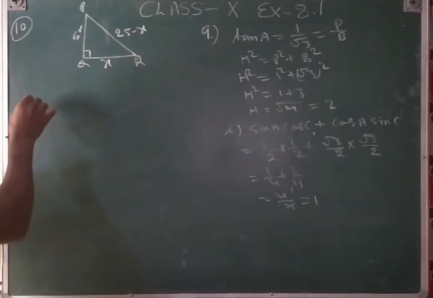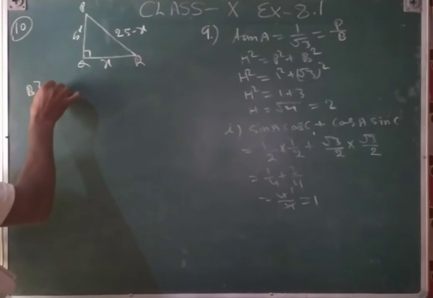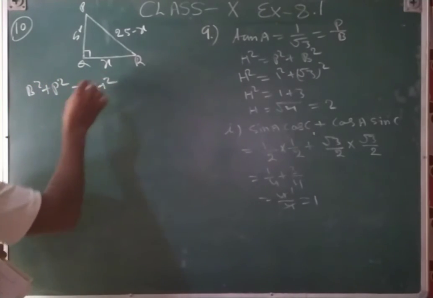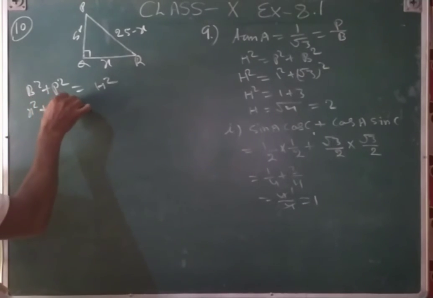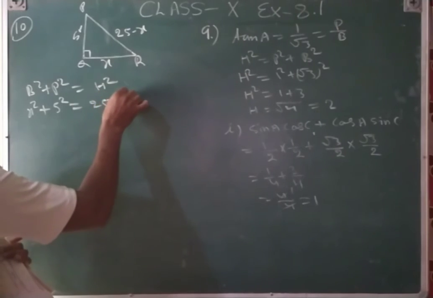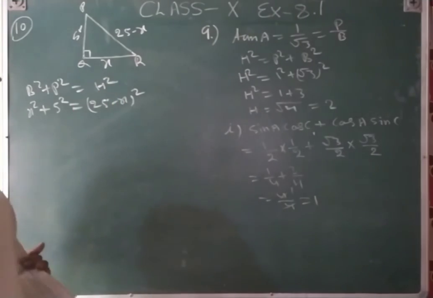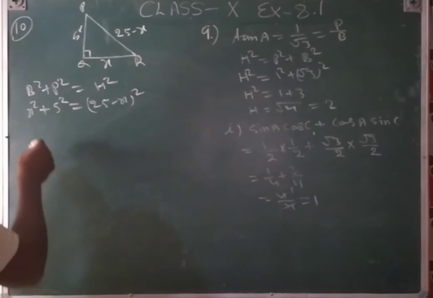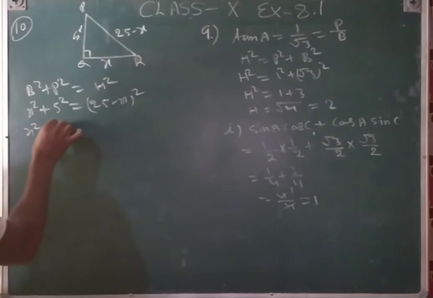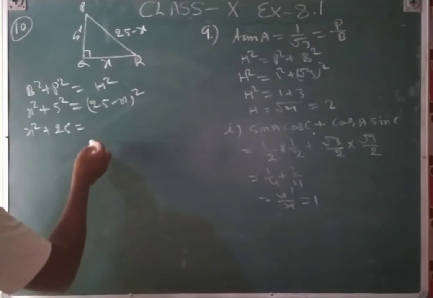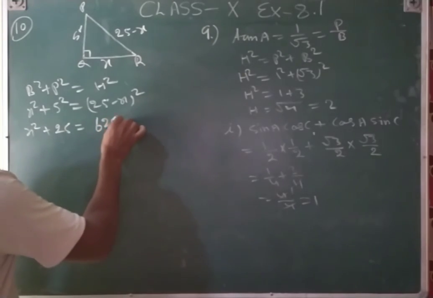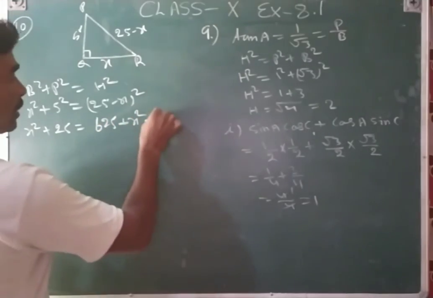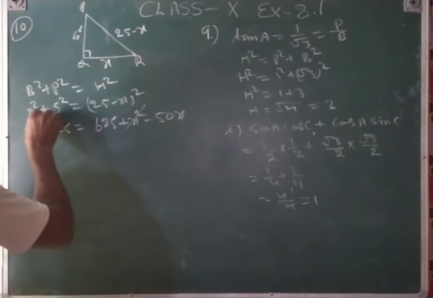Now B square plus P square is equal to H square. So B is base, X square plus 5 square is equal to 25 minus X whole square. So X square plus 25 is equal to, by the square of that, 625 plus X square minus 50X. X square cancels by X square.